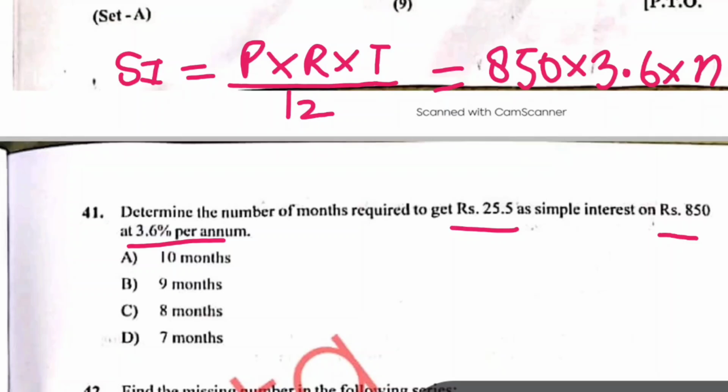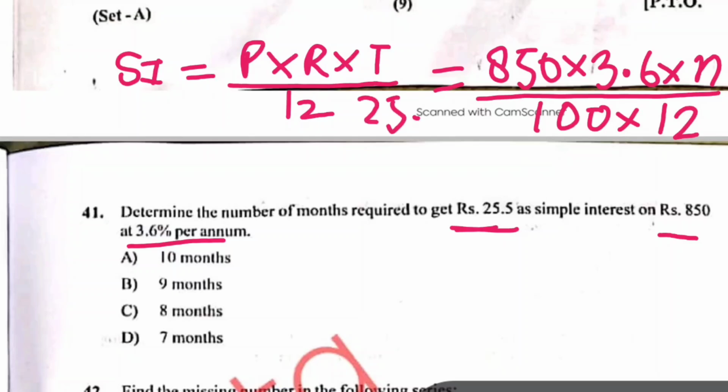Required to get the simple interest. So in place of t we write n, and since we have to divide it by 100, we also need to divide it by 12, because we have to find out the number of months. So simple interest is given here as 25.5. So this equation is equal to 25.5.